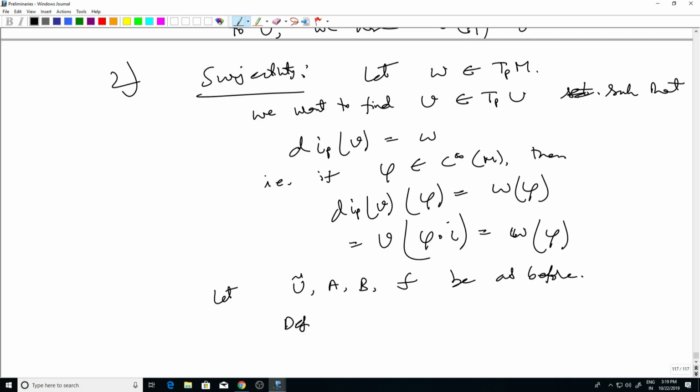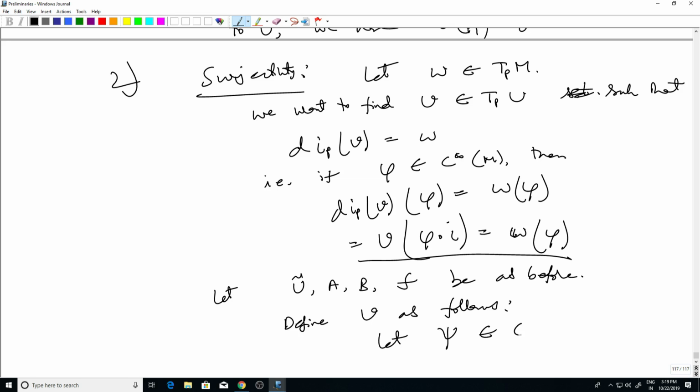Define V as follows. In fact, this equation that I have here suggests what the definition of V should be. The point is V should act on a C infinity function which is just defined on U, not necessarily all of M.